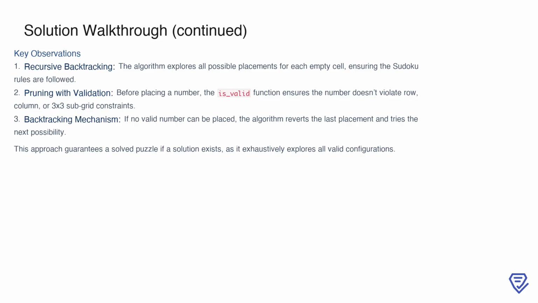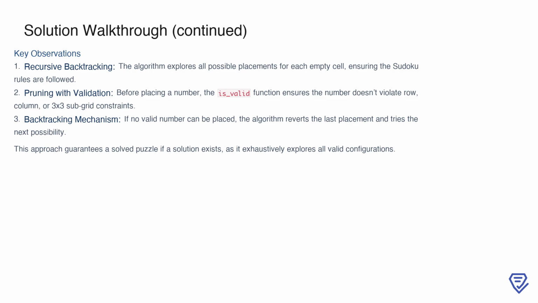To summarize, there are a few key observations about this solution. First, the algorithm relies on recursive backtracking to explore all possible placements for each empty cell while adhering to Sudoku rules. Second, the validation step is crucial. Before placing a number, the is_valid function ensures that the number does not violate constraints for the row, column, or 3x3 subgrid.